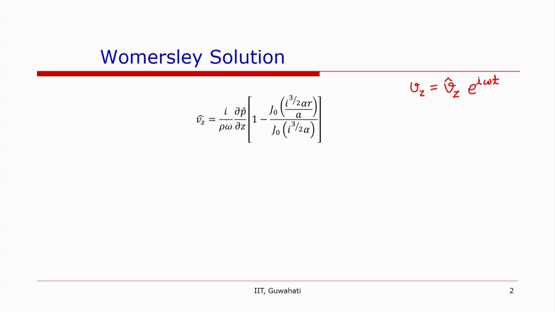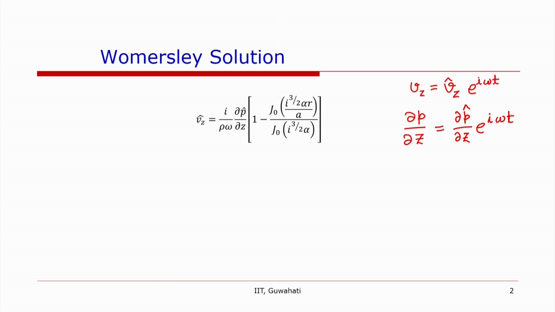Similarly, the pressure gradient is del p by del z equal to del p cap over del z, e to the power i omega t.